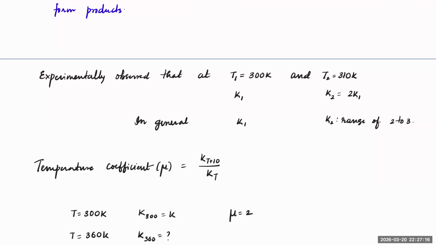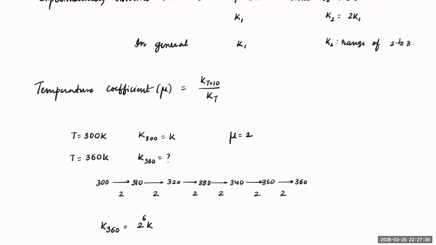To be precise, the range is somewhere between 2 and 3. In some cases it will be 3, but in the majority of cases it is close to 2. This is what we define as temperature coefficient.